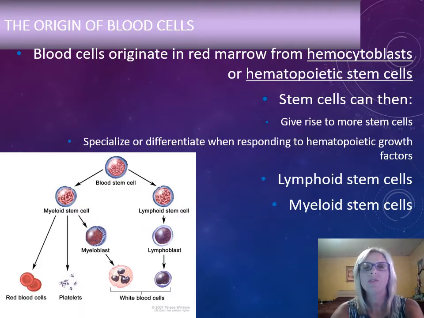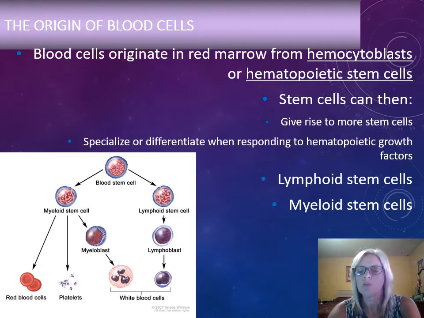All right, so let's take a look at where blood cells originate from. Blood cells originate in the red marrow from hemocytoblast or hematopoietic stem cells. Stem cells are cells that can specialize or differentiate into other types of cells or more stem cells, so they're pretty handy.